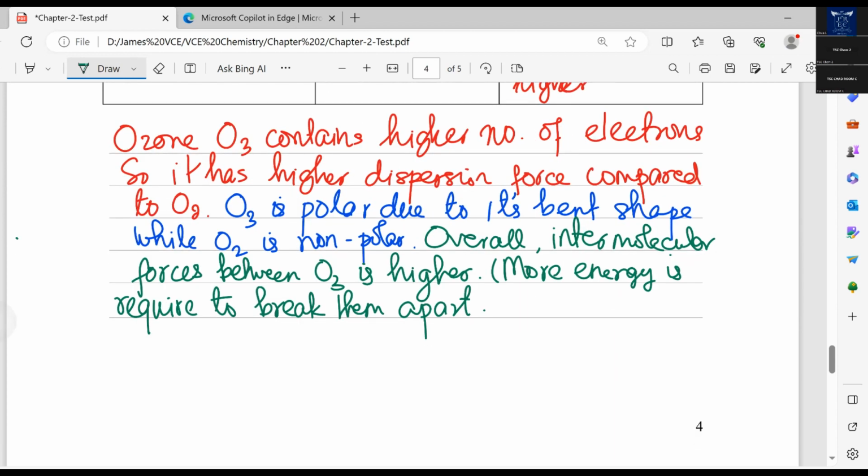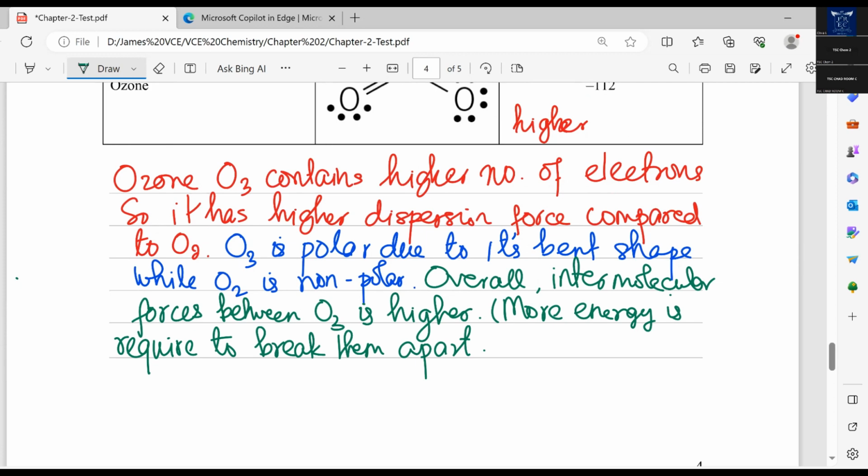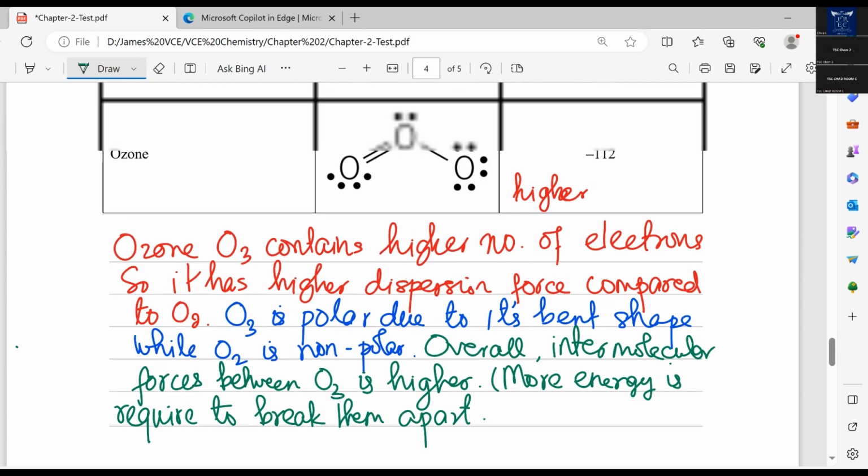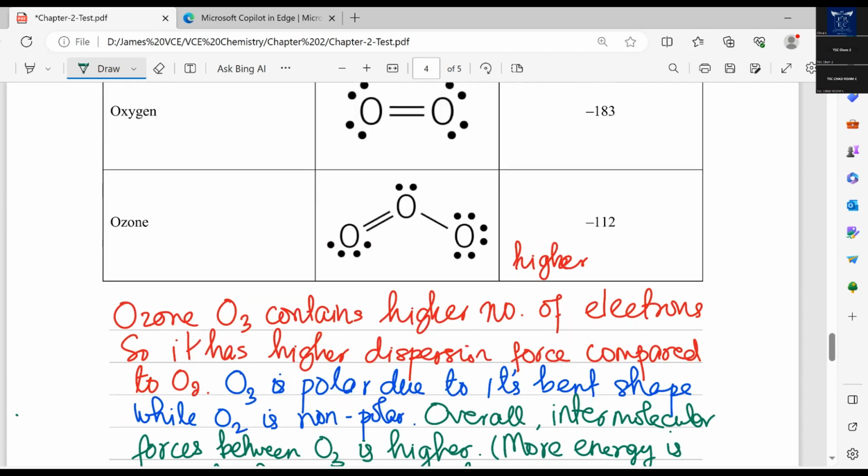Why is that if it's polar? Which one? Ozone, why is it polar? Because of this bent shape.